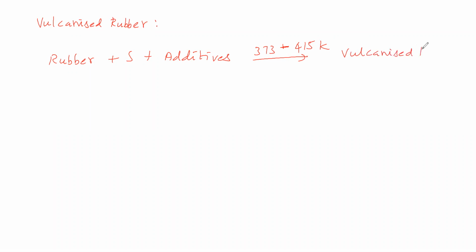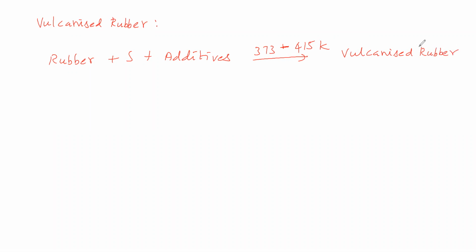We are taking natural rubber, and to this we are adding sulfur and additives, and it is heated to 373 to 415 Kelvin. We are getting vulcanized rubber.